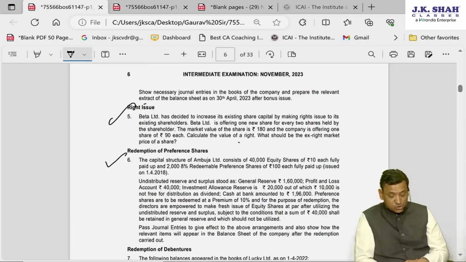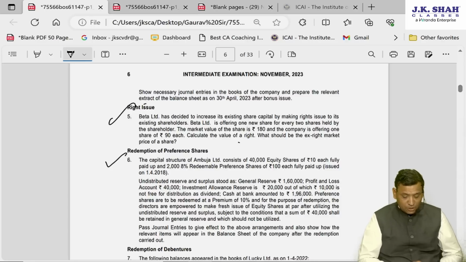Undistributed reserves and surplus stood as general reserve 160,000, profit and loss account 40,000, investment allowance reserve 20,000, of which 10,000 is not free for distribution as dividend. Cash at bank amounts to 1,96,000.